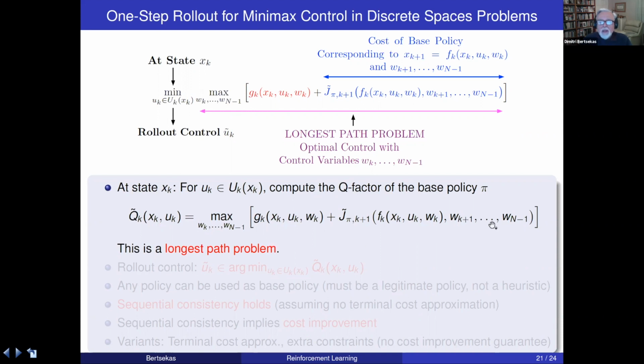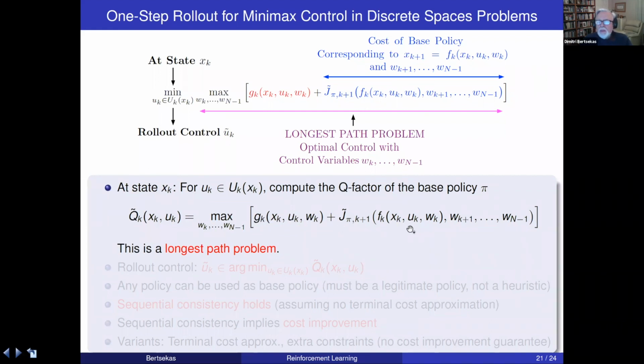So that's what this bullet says. At state x_k, for every possible control, we compute a Q factor by this expression here, and then we choose the control that gives you minimum Q factor.